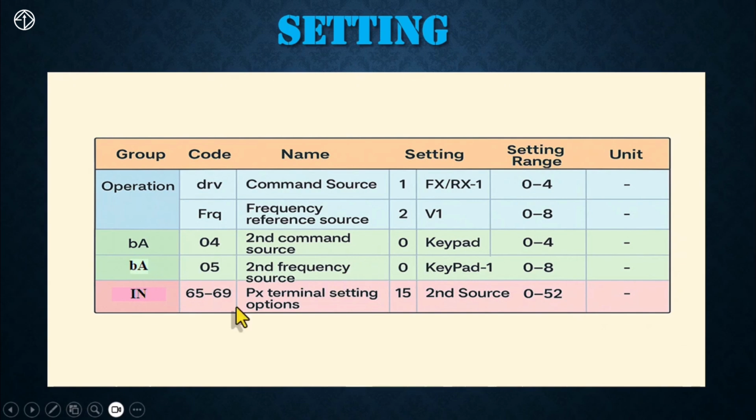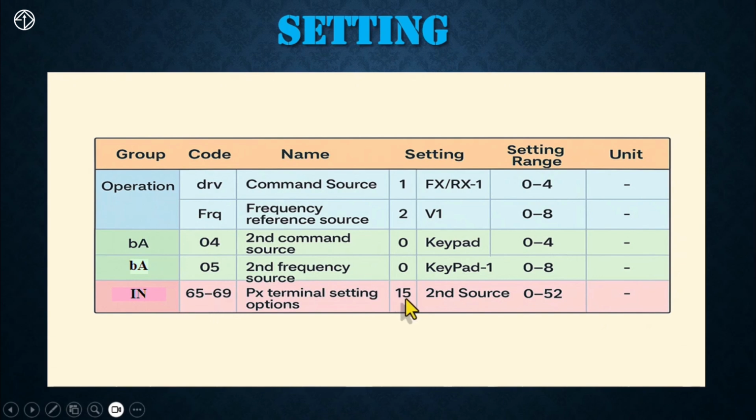To assign one of the digital inputs, P1 to P5 on the G100 inverter, as the second source, we need to go to parameters IN65 to IN69, which correspond to digital inputs P1 to P5, and set whichever one we want to use for this feature to value 15.